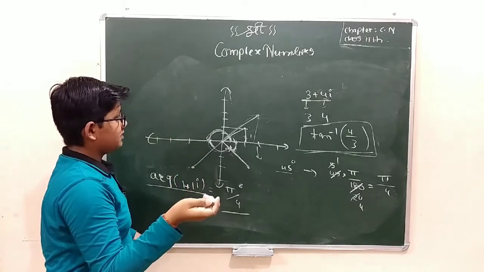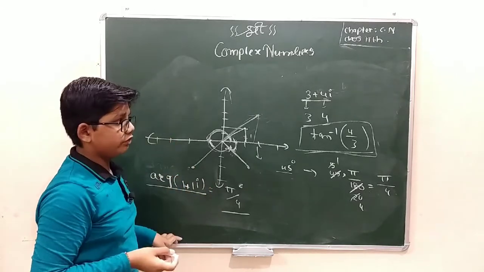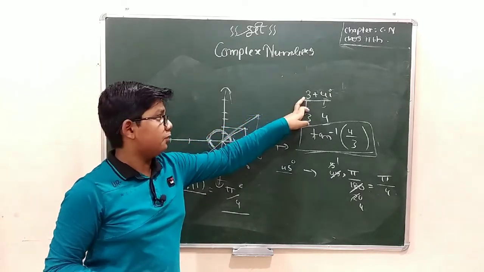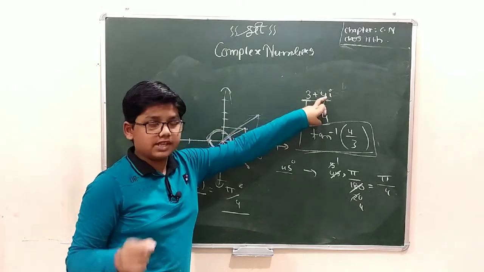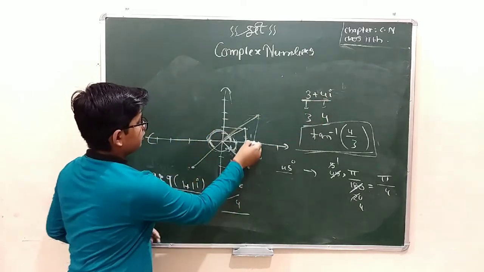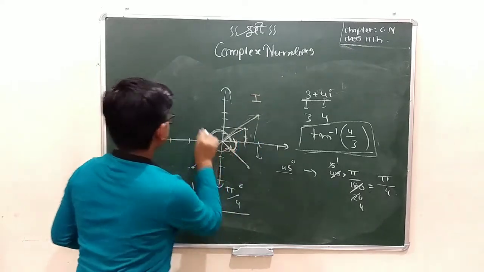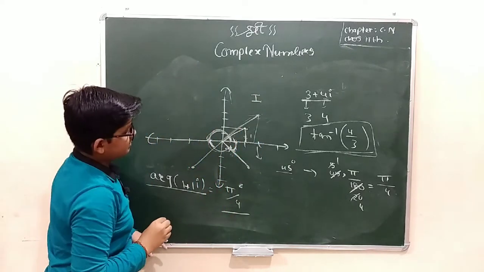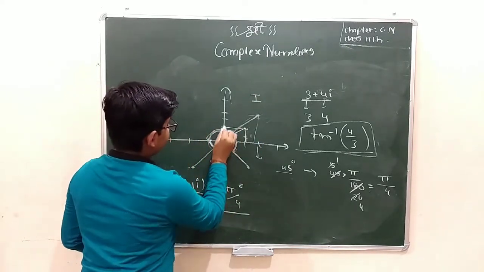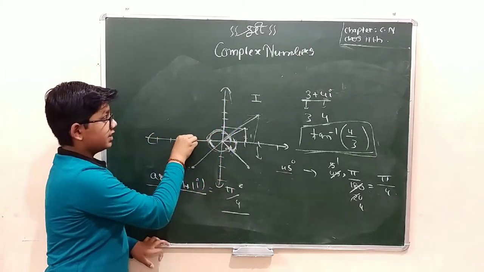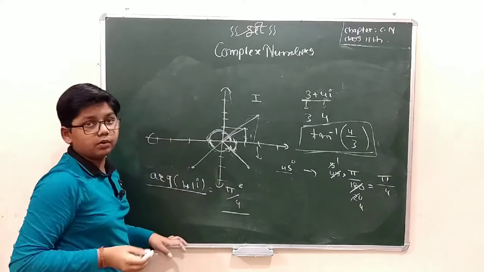Now, how do we tell in which quadrant the complex number is lying? When the real part of z is positive and the imaginary part of z is positive, then it is lying in the first quadrant. In the second quadrant, the imaginary part is positive and the real part is negative.